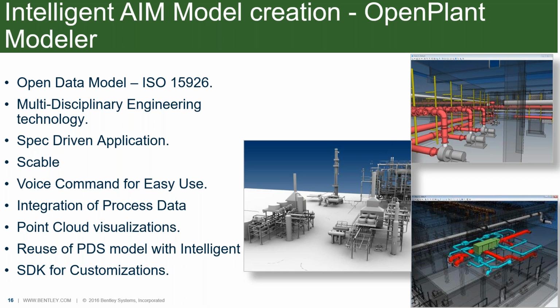So if you create data, it can be reused by any application without any separate programs. That's how the plant industry is compliant to store the data in the 15926 standard. And it's a multidisciplinary application, spec driven, scalable, which suits small scale projects to large scale projects.